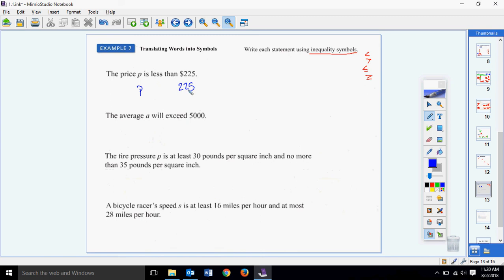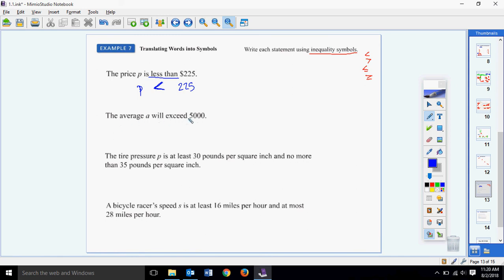So I have a variable P, my number is 225. Now let's use the context clues to help us fill in which of the 4 inequality symbols we need. P needs to be less than 225. So I want the alligator mouth eating the 225 because P is smaller than it.